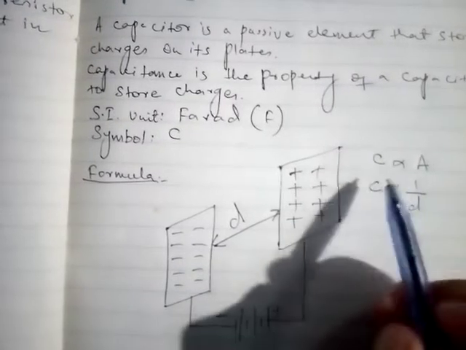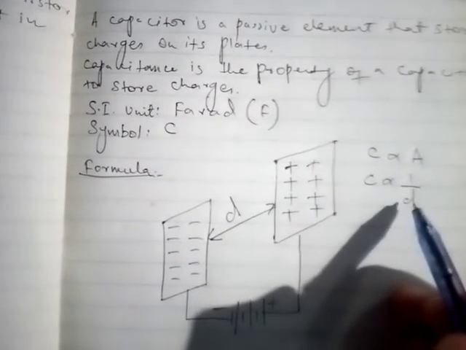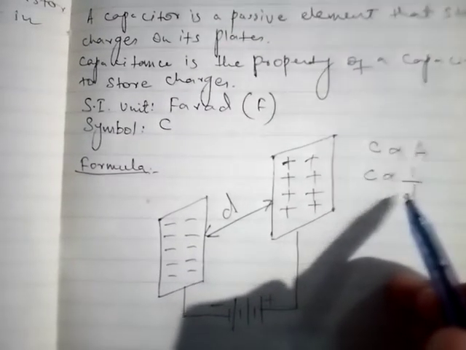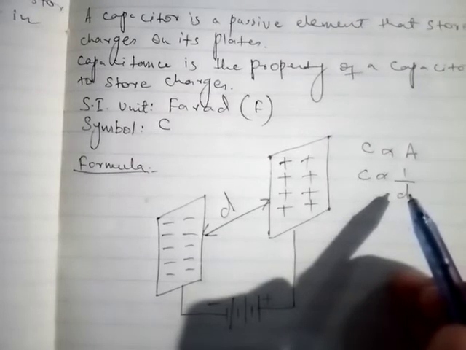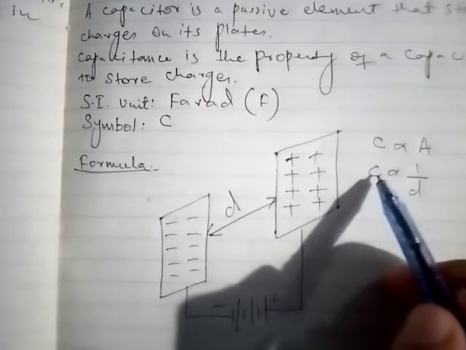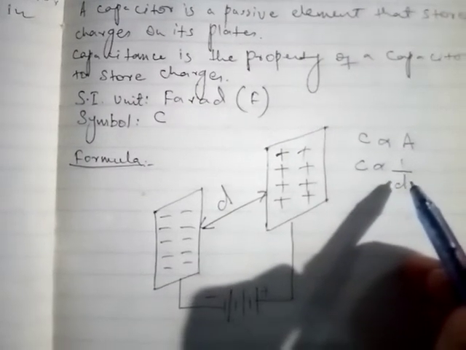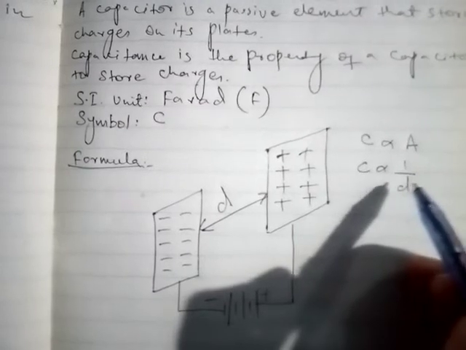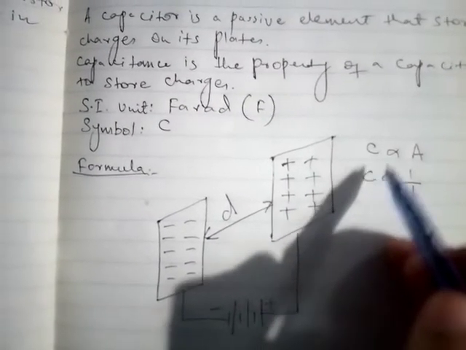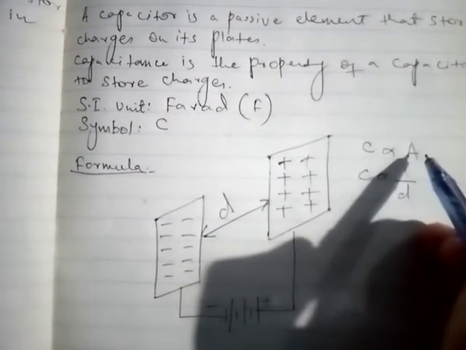What does it mean? If the distance between the two parallel plates of a capacitor is large, i.e. both the plates are far away from each other, then the capacitance of the capacitor will be low. But if the distance between the two parallel plates is less, i.e. both the plates are closer to each other, then obviously the capacitance will be high. Same like capacitance is directly proportional to area.